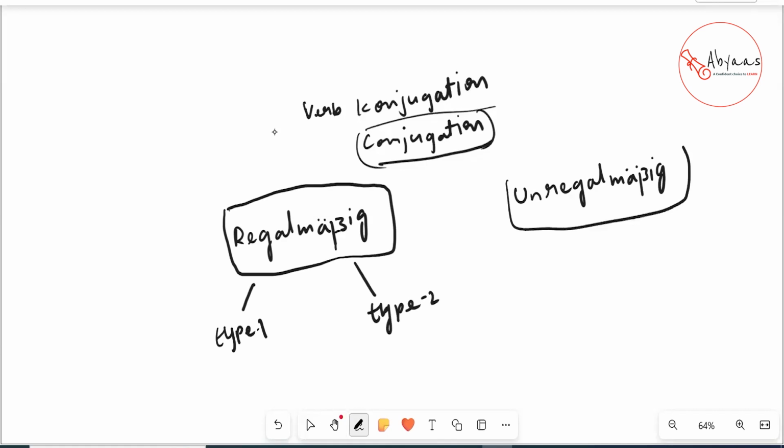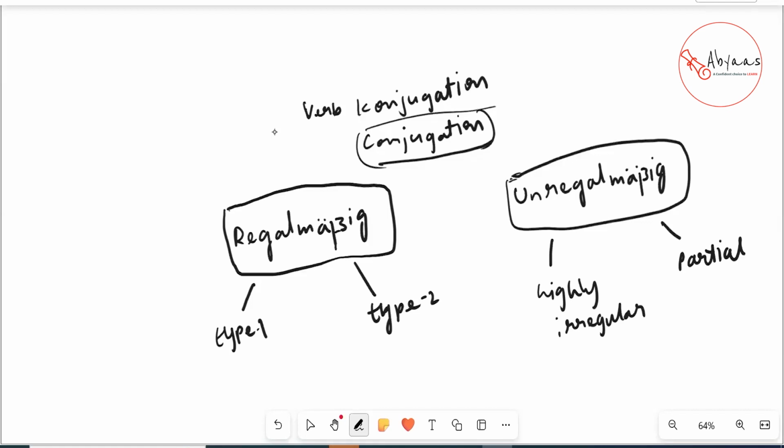So in unregelmäßig, let's classify them into highly irregular and partially irregular.